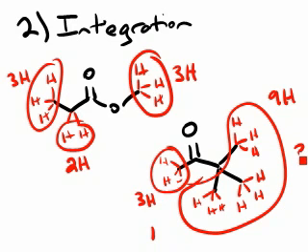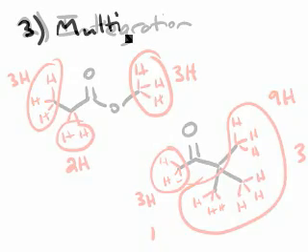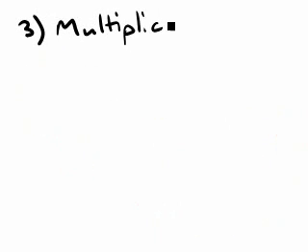When you see 1 to 3, you need to know that that might mean 1 proton versus 3 protons, or 2 protons versus 6 protons, or 3 protons versus 9 protons. Sometimes it'll clearly say 3H, 9H. Sometimes it'll just give you ratios, and you need to figure it out from there. That's the integration value. The final characteristic of every signal is the multiplicity.